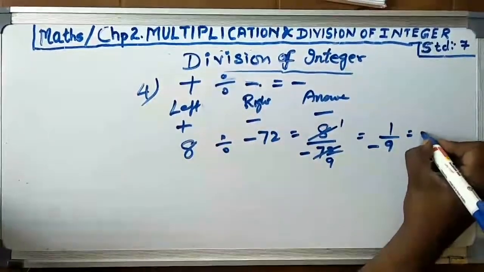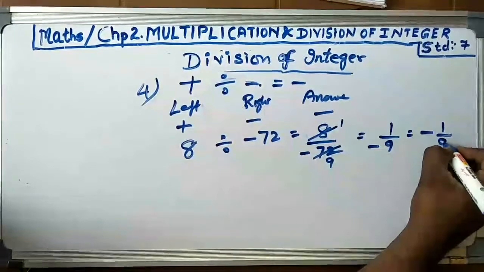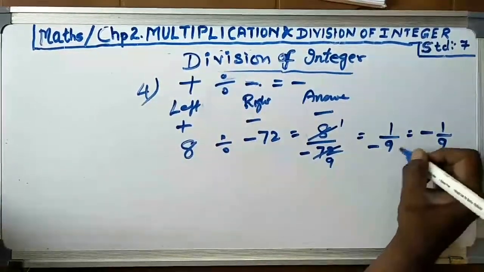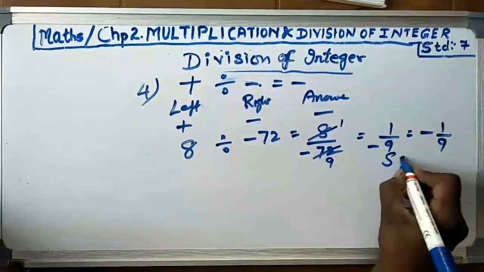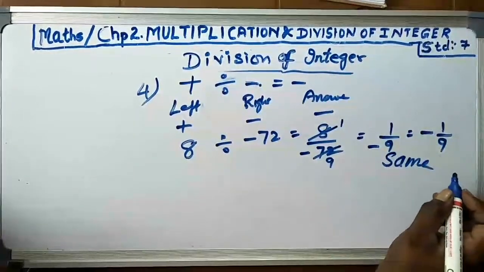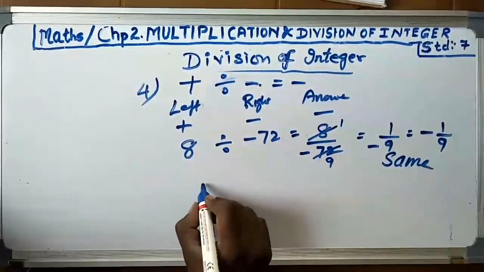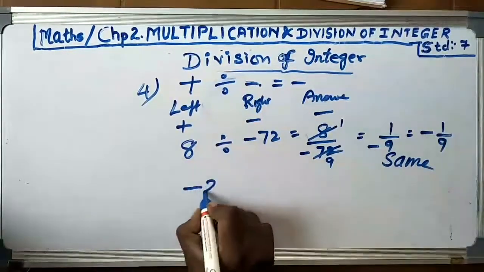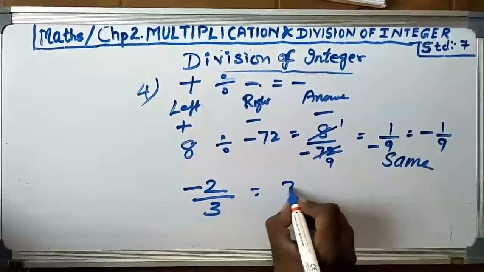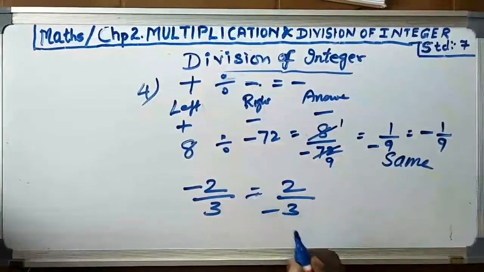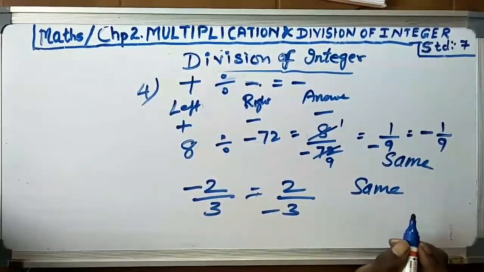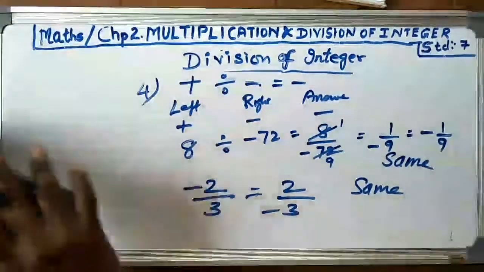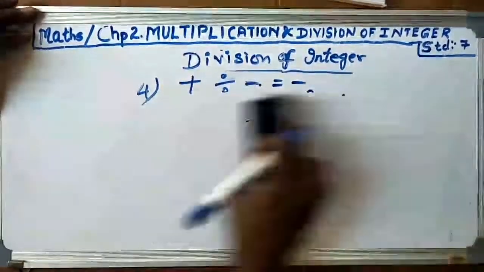Commonly, you can write this as minus 1 upon 9. 1 upon minus 9 and minus 1 upon 9 both are the same. You can write in this way, minus 2 upon 3 and 2 upon minus 3, they are the same because they are in division mode.